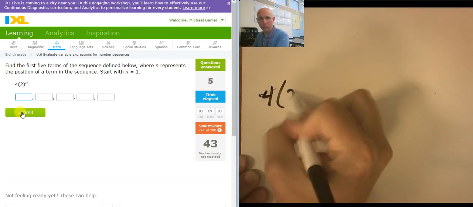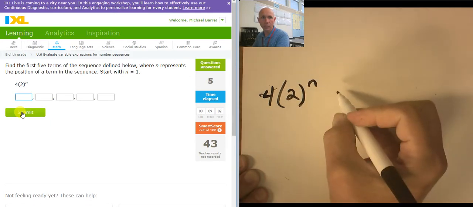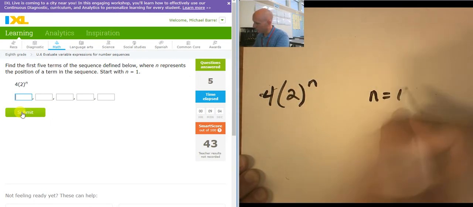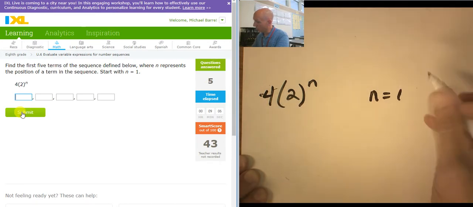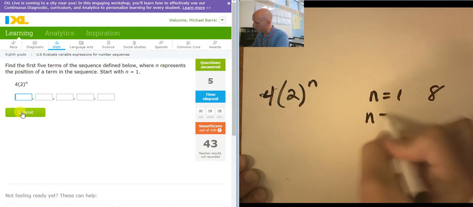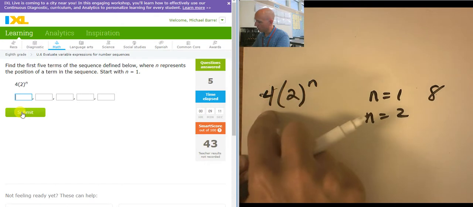4 times 2 to the n, starting at n equals 1. 2 to the first is 2, times 4 is 8. 2 to the second is 4, times 4 is 16.